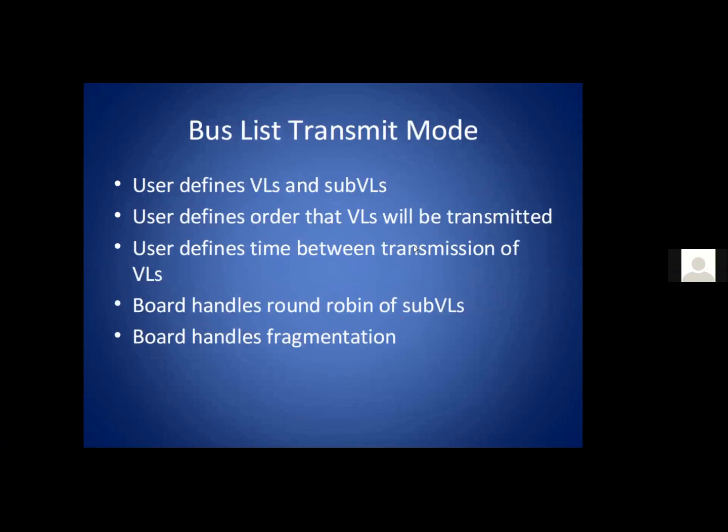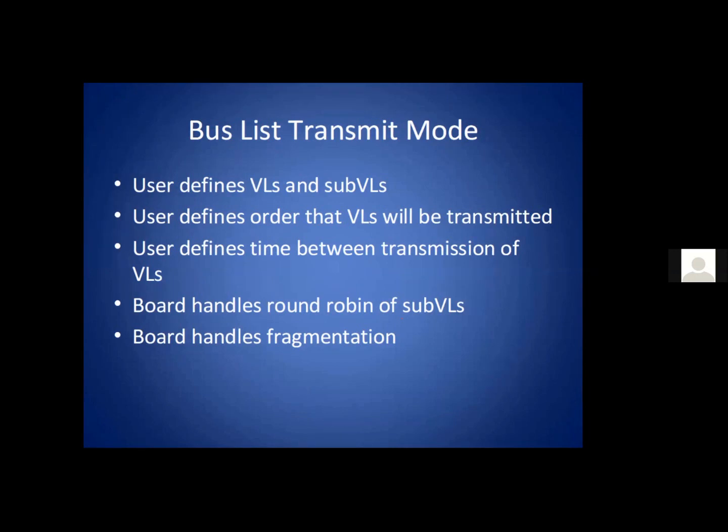So that's the first mode. The advantage of the first mode is, A, it's similar to what happens on an airplane, and B, it takes a lot of the work off of the user. On the other hand, that's not what everybody always wants, because the card is used for testing. When you're testing things, you don't necessarily want to be exactly like an airplane, and you don't necessarily want the work to be done by somebody else.